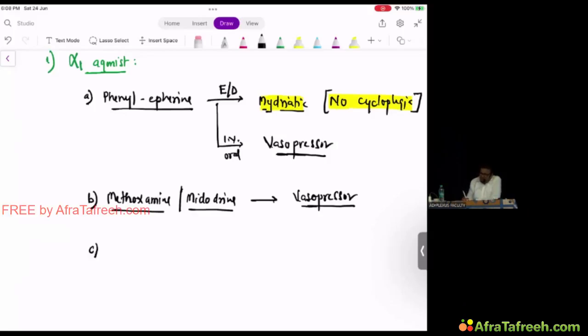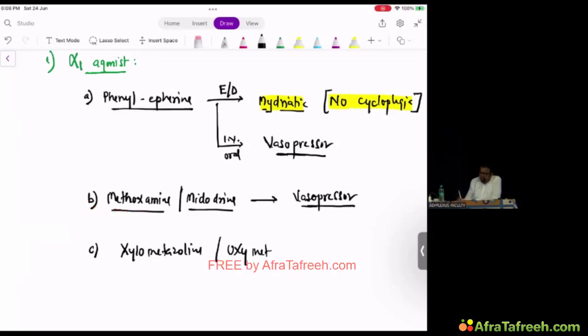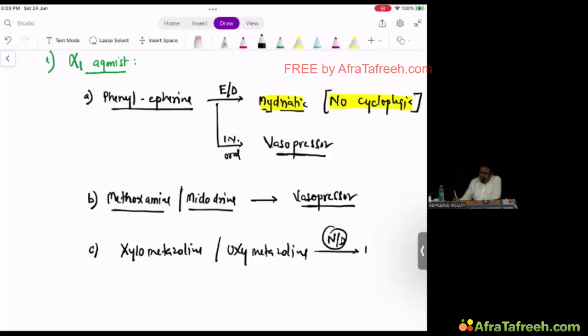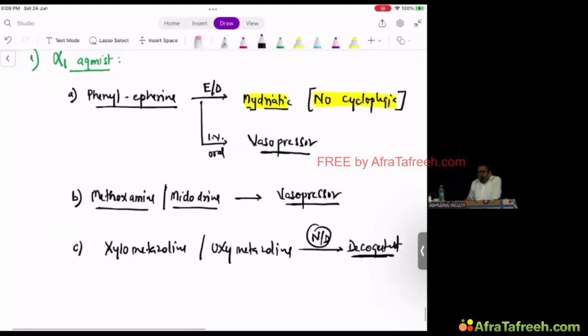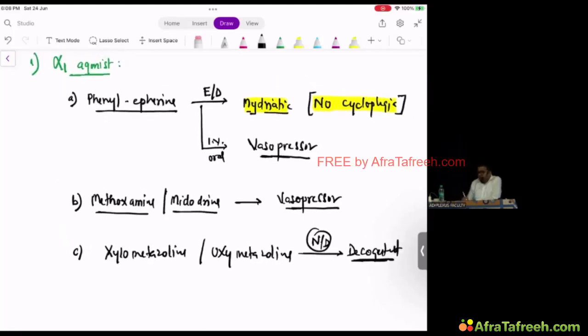You can have xylometazoline, oxymetazoline. These drugs are used or given as which form? Nasal drops, and they are used as nasal decongestant. Nasal decongestants. You put Otrivin drops, I'm sure everybody has seen or used.